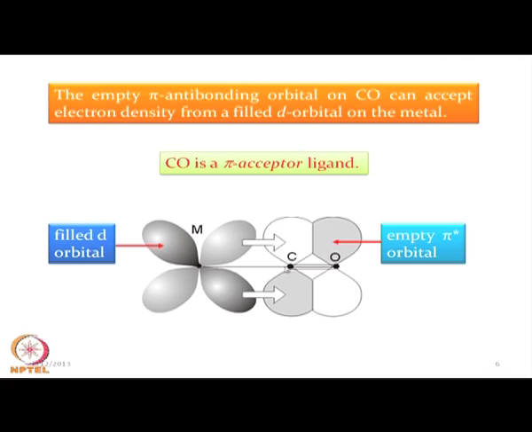Now we will see how this interaction can have some direct effect on the corresponding crystal field strength, or the ligand field strength, of this particular ligand. That is why we are placing this carbon monoxide molecule towards the right end of the spectrochemical series, where we consider it a very strong ligand compared to the other known ligands.